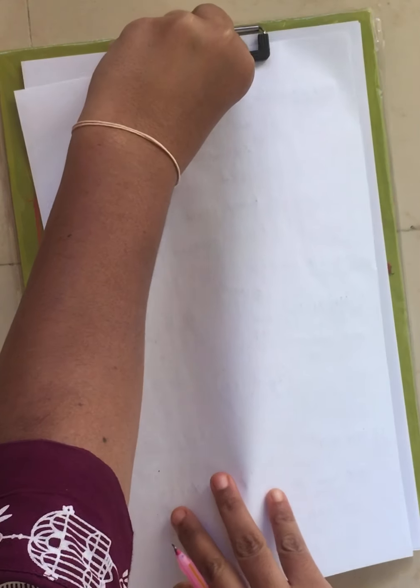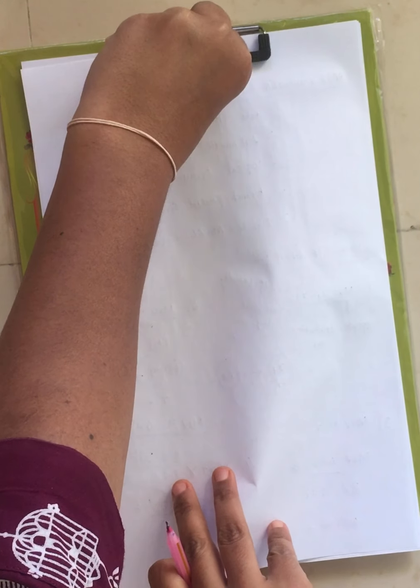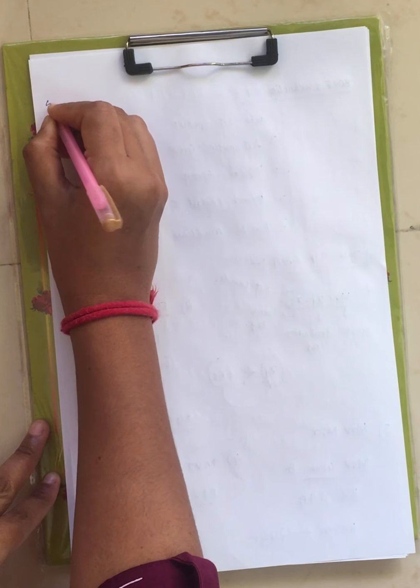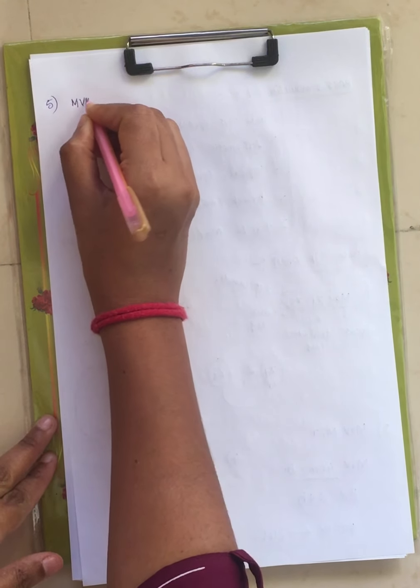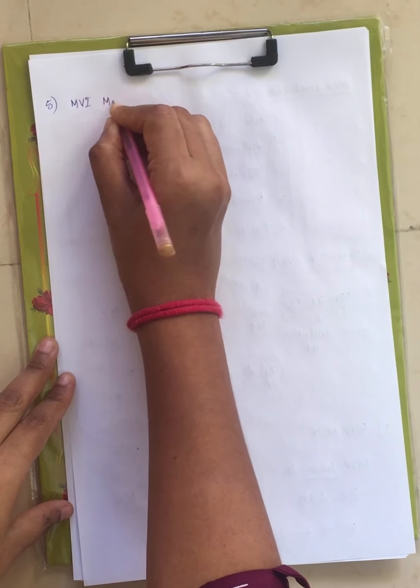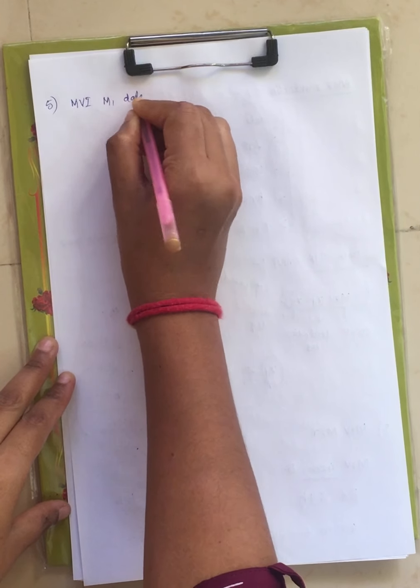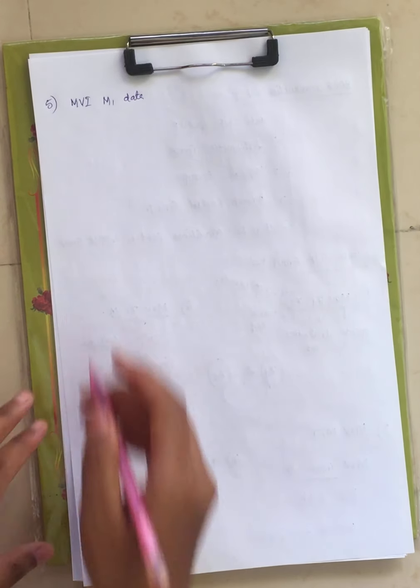Now let us see the fifth instruction. Under the data transfer group, we have MVI. The register possibility is over, and the next possibility is M, data.